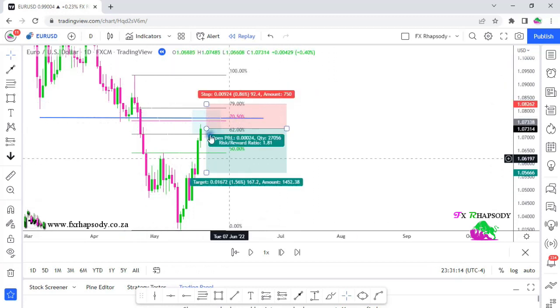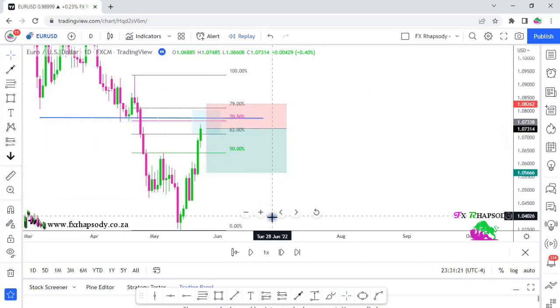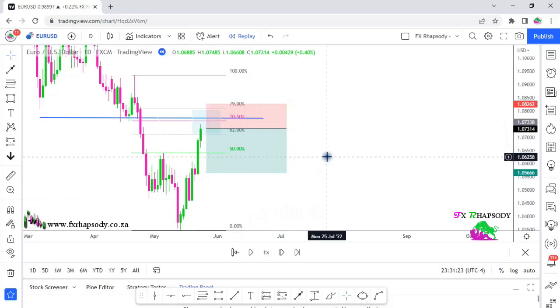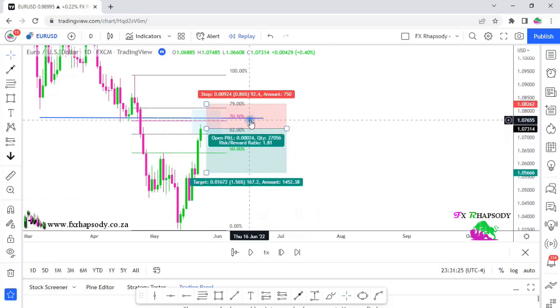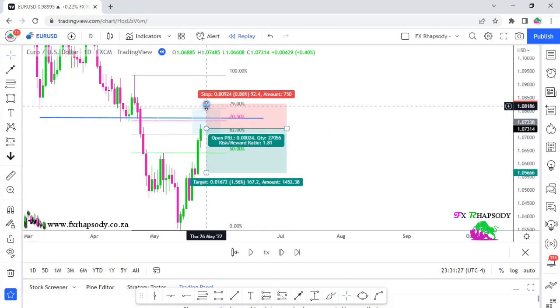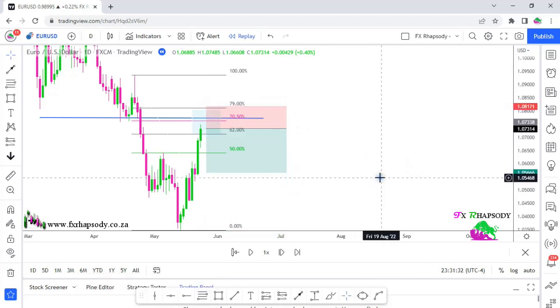But if price stays below the structure, okay, then that's another confirmation that price is selling off. So that is why I place my risk just above that area, okay? You can actually have it just above that 79, just to be safe. So that is the area that I place my sell.